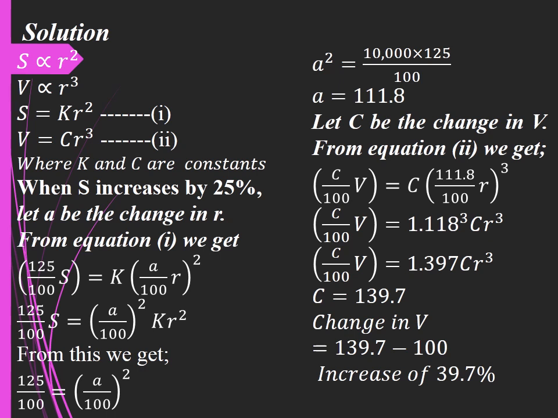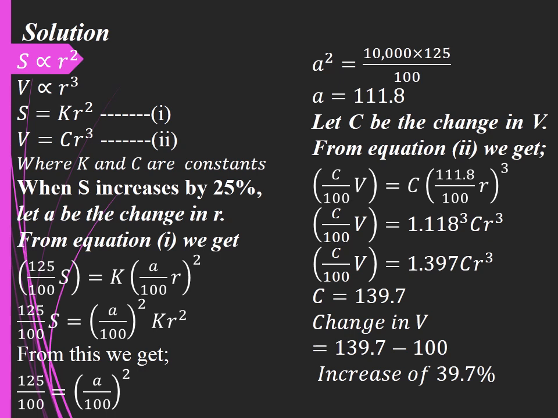And then from this, we get 125 over 100 is equivalent to A over 100 squared. And then we get A squared is equivalent to 10,000 times 125 all over 100. From this, we get A is 111.8.